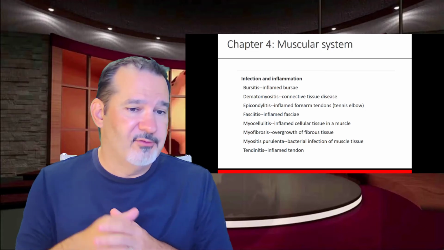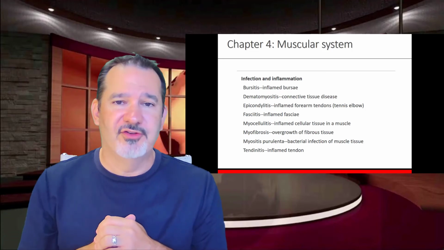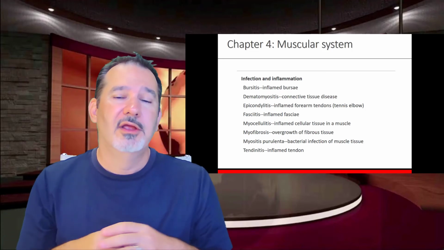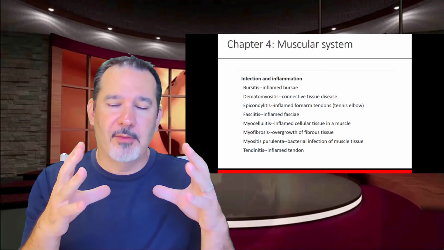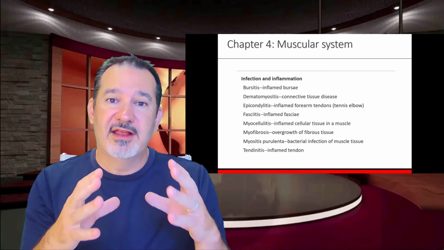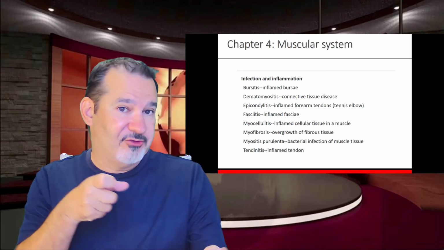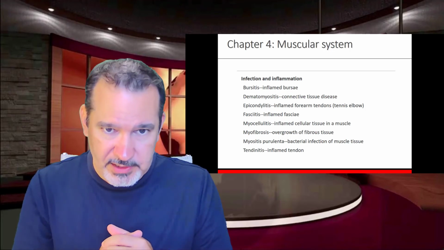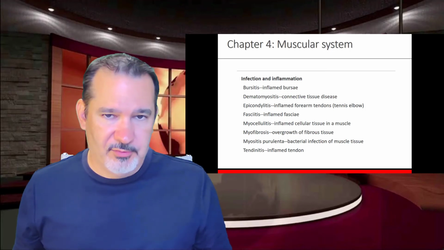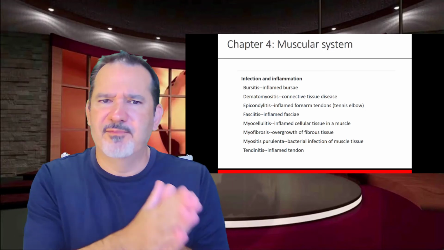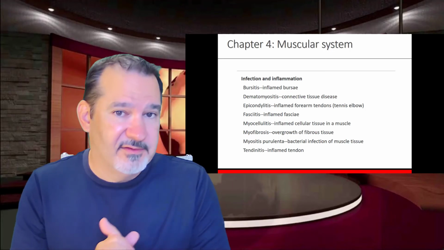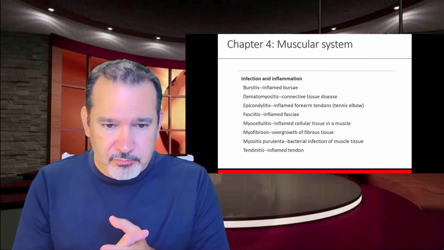And oftentimes, one of the things we're going to talk about as one of the treatments is something called aspiration. So if that bursa sac fills up with fluid, we can stick a needle with a syringe attached to it and aspirate or take out that fluid. That's fairly common with bursitis, on top of maybe some anti-inflammatory medication.